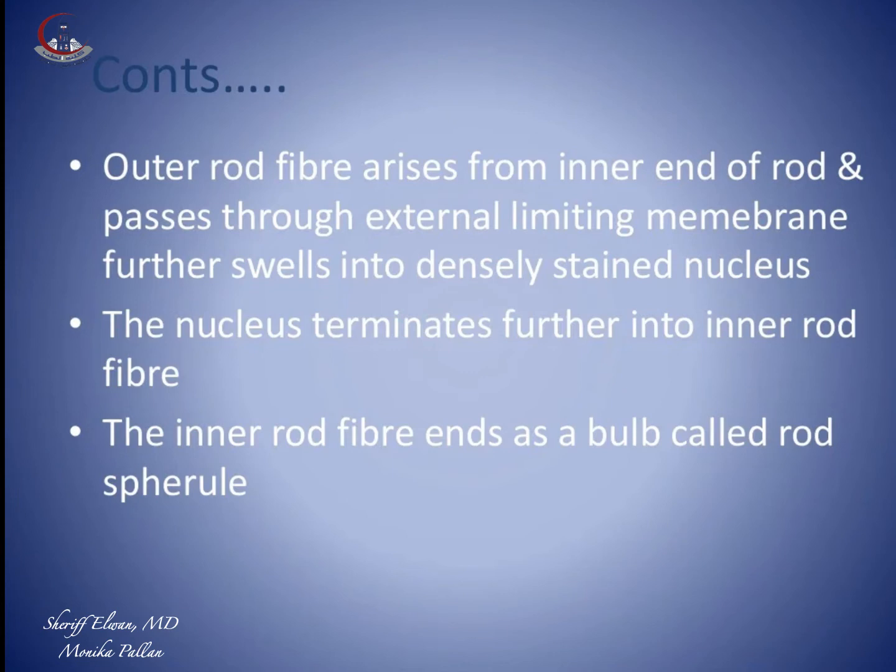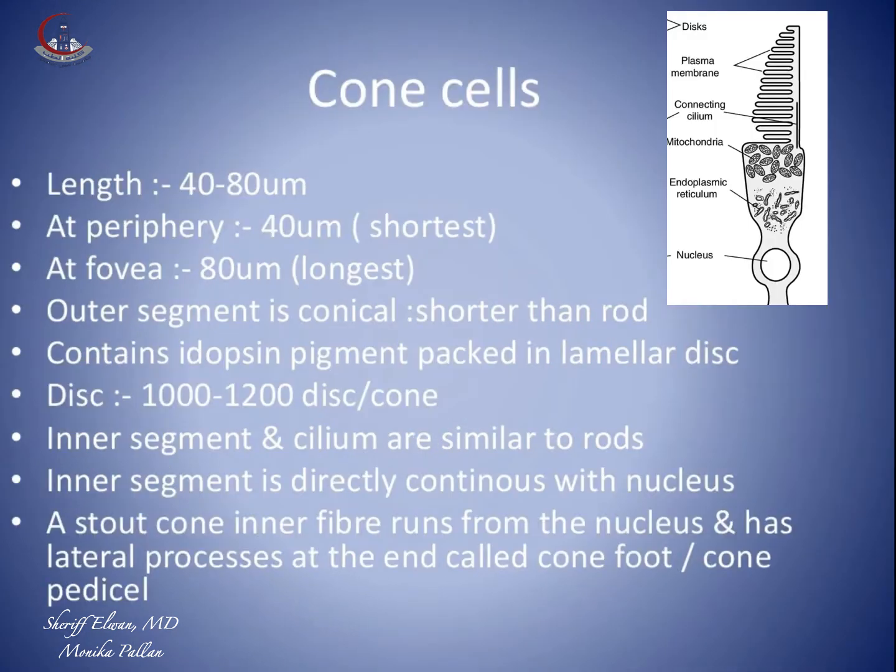And the outer rod fiber arises from the inner end of the rod and passes through the external limiting membrane, then further swells into an area that contains the densely stained nucleus. The nucleus terminates further into the inner rod fiber, and the inner rod fiber ends as a bulb called the rod spherule, contrary to the end of the cone, which is the cone pedicle, as we shall see in the next slide.